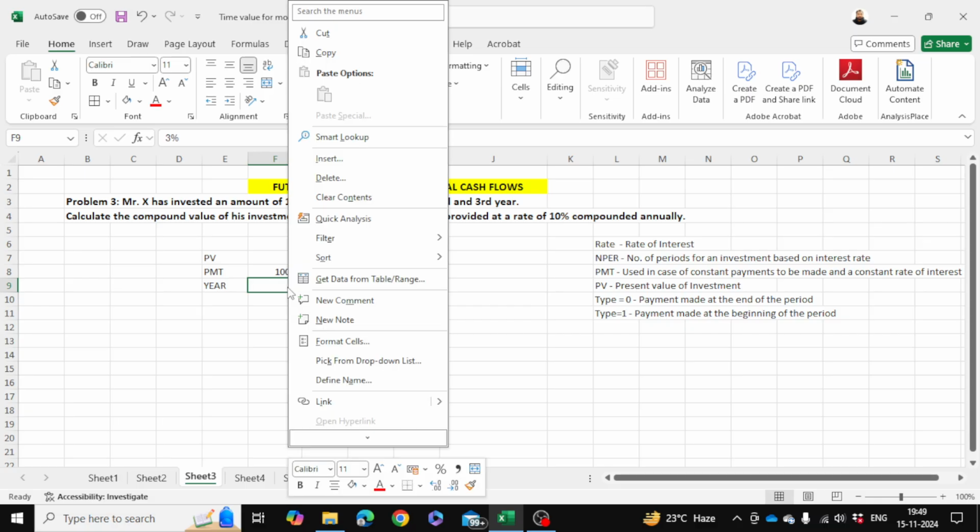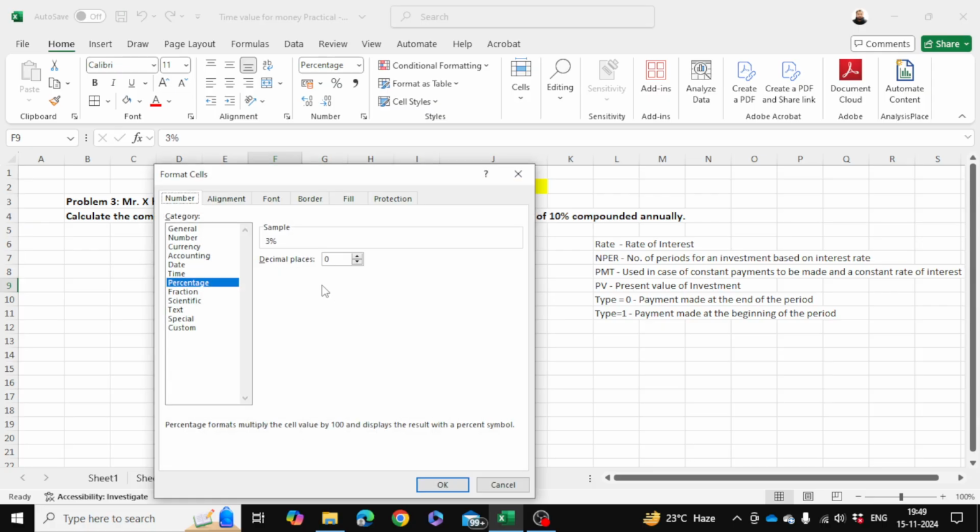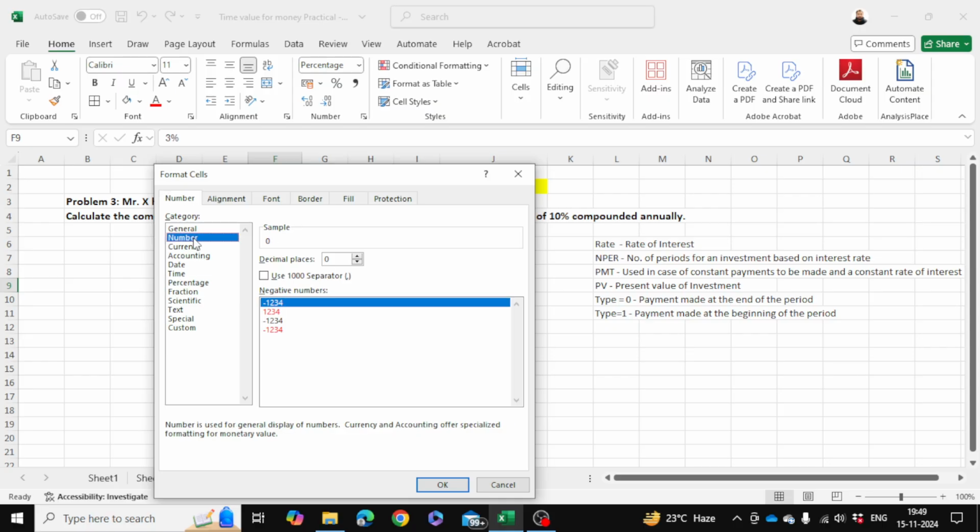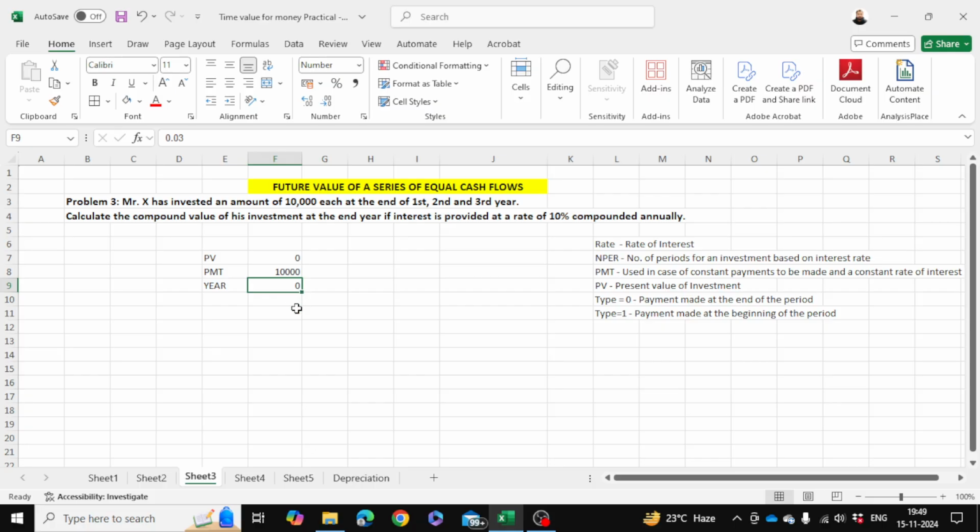In some cells sometimes you find that formatting is different because it is a preset formatting, so you have to change the formatting. Okay, so you have to mention 3, right? Then n period again it is in annual mode, right? So it will remain the same and period will be 3. Then your PMT you have already mentioned, rate of interest you have mentioned.